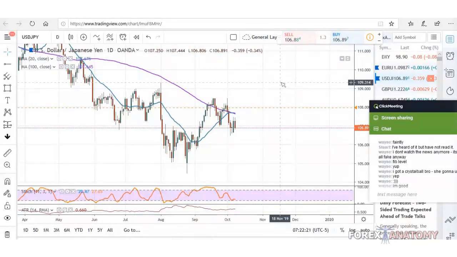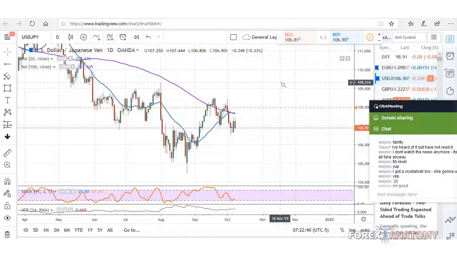All right. So right now we're looking at the US dollar Japanese yen on the daily time frame. One thing I want to point out to you guys is that we see a possible reversal signal taking place.